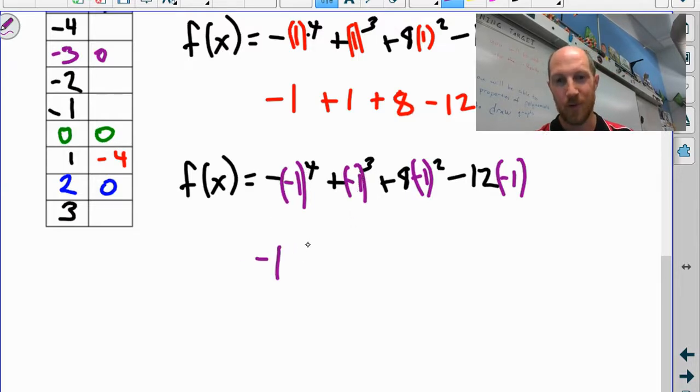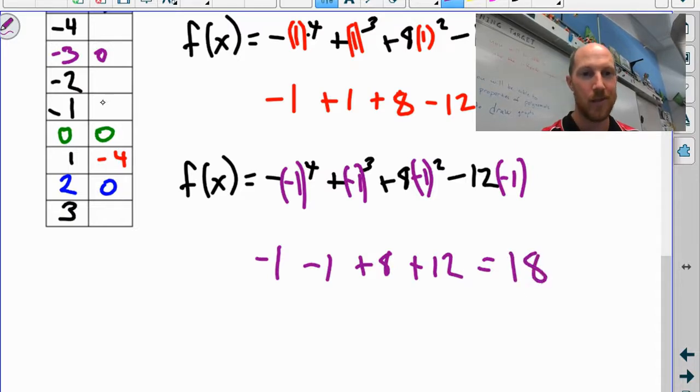Negative 1 to the power of 3 is negative 1. A negative 1 squared is positive 1 times 8 is 8. And negative 12 times negative 1 is positive, so we'll just say plus 12. So negative 1 minus 1 is negative 2, plus 8 is 6, plus 12 is 18.